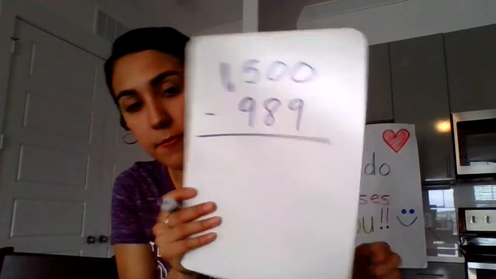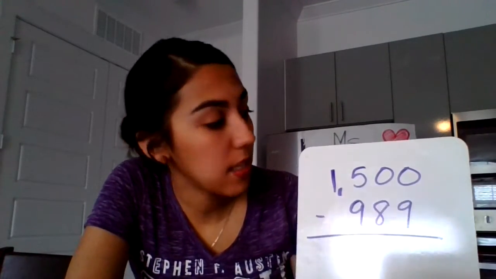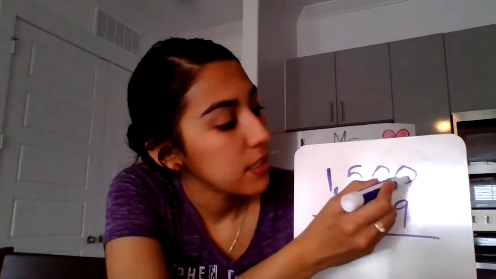And I'm going to do this on the whiteboard because we're going to be subtracting across zeros again. Okay, so the problem was 1,500 minus 989. Okay. Let's go ahead and start in the ones place since that's the smallest place value that we have for this problem. 0 minus 9.